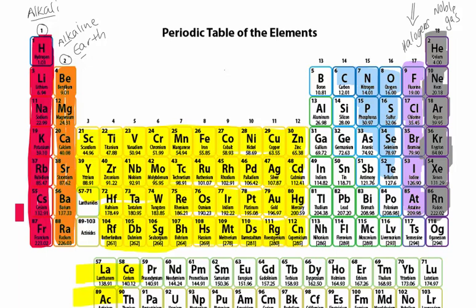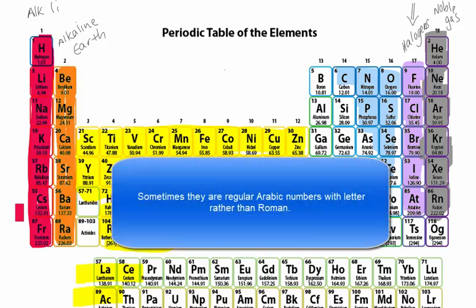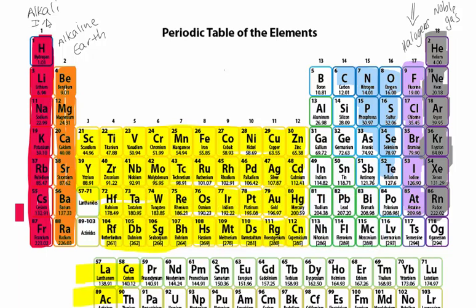Now, if you have an older periodic table that originated in the United States, it's possible that instead of these numbers, which is the standard IUPAC designation, you have Roman numerals and letters. So 1 would be 1A, 2 would be 2A, this would be 3A, 4A, etc. And that continues.